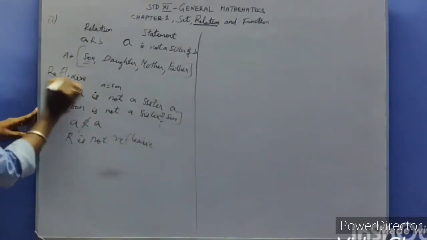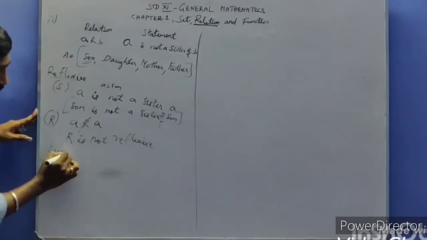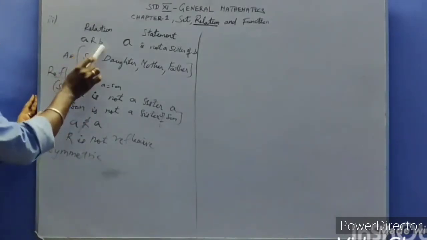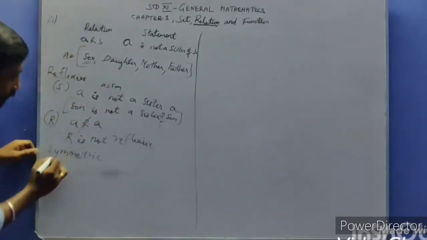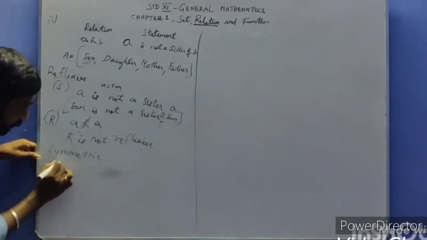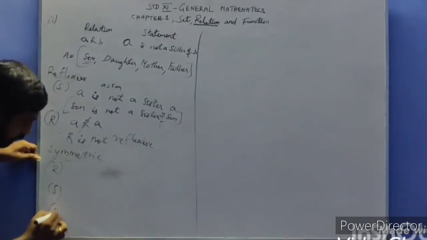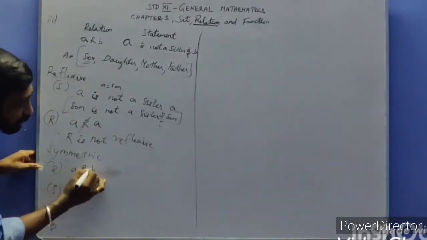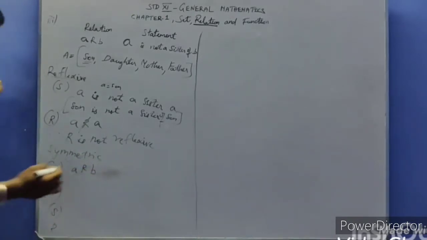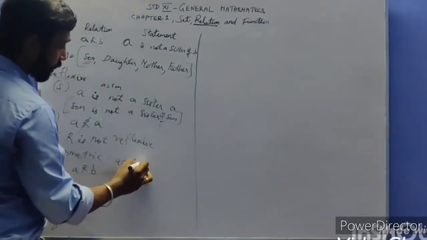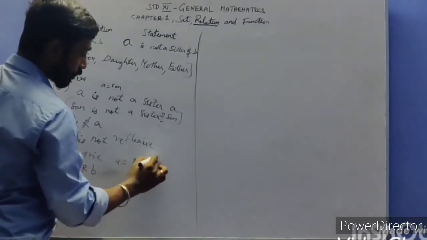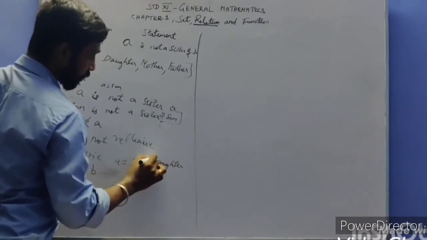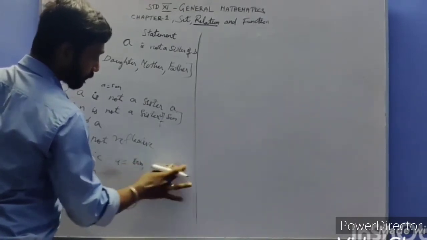The next one, now we are going to find out symmetric. Symmetric means A related to B implies B related to A. First we have to write the relation, then two statements, then one relation. So R means A related to B. Now assume A is equal to son, B is equal to daughter.